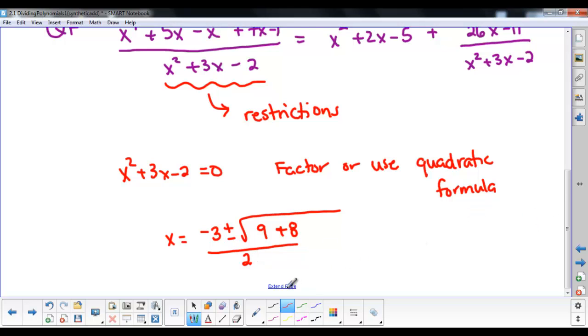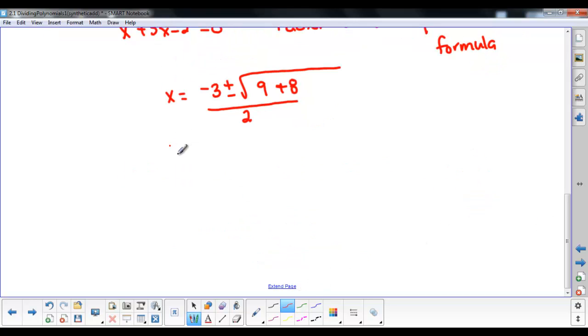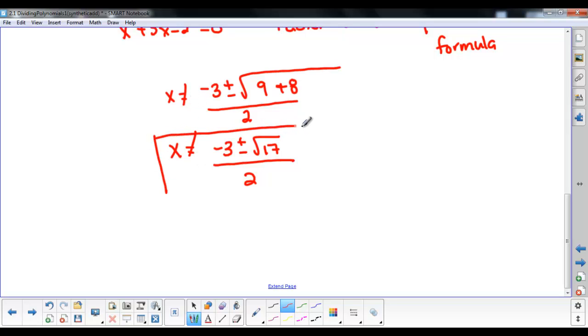And if we were to simplify that, it becomes negative 3 plus or minus the square root of 17 over 2. And because these are restrictions, these are values that x cannot equal. And there you go. So that would be our restriction. Unfortunately, not a nice one, but still a restriction.